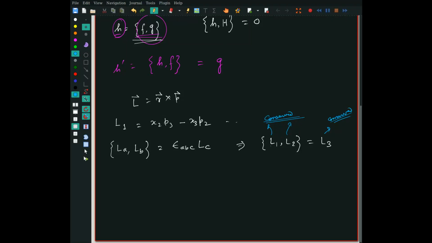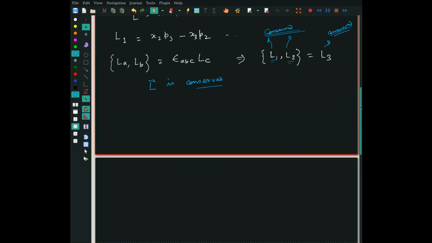Because if L1 and L2 are conserved quantities, then the Poisson bracket between them is also a conserved quantity. That means the whole L is conserved. All of these three components are conserved. The whole L vector is conserved.